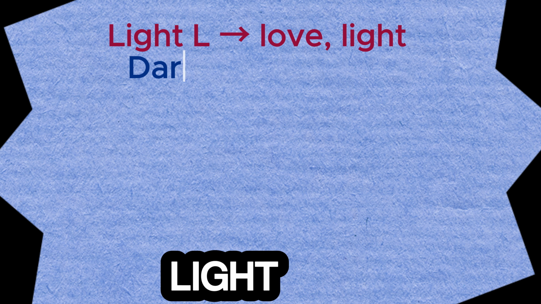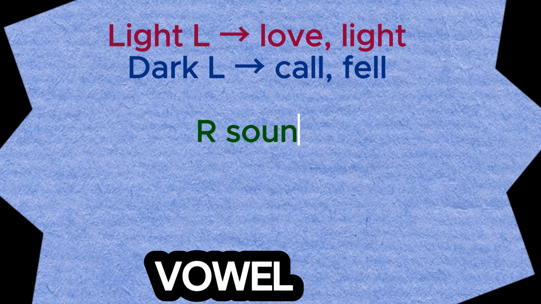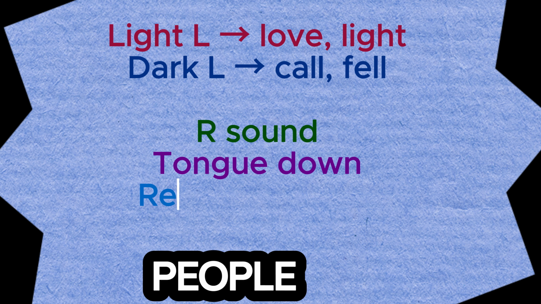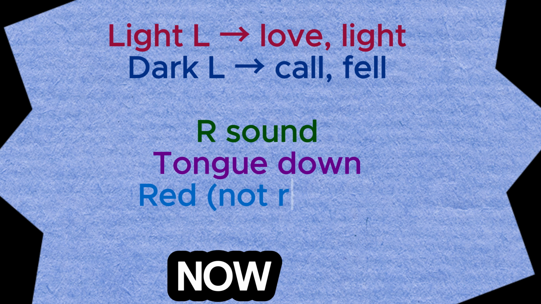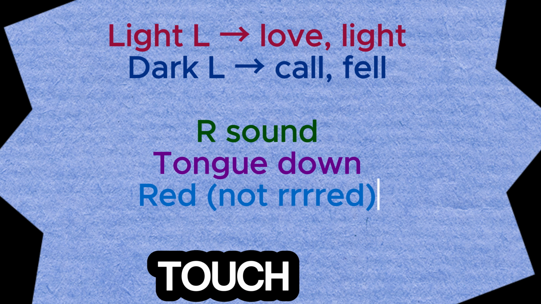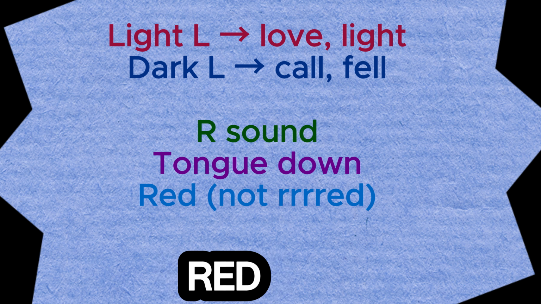Love, light, lucky. Dark L comes after a vowel. Call, fell, people. Now the R sound. Your tongue does not touch the roof of your mouth. Keep it down. Listen. Red, not led.